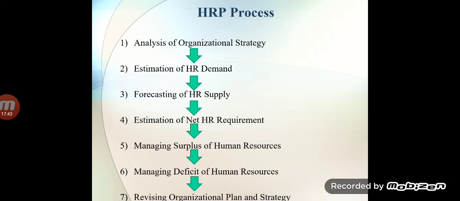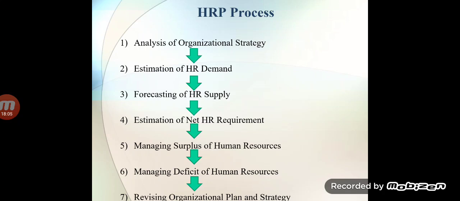Now in the third point, from which place will we get these types of employees, from where will we get this human resource? So here forecasting of HR supply means from where we are able to get these types of employees.